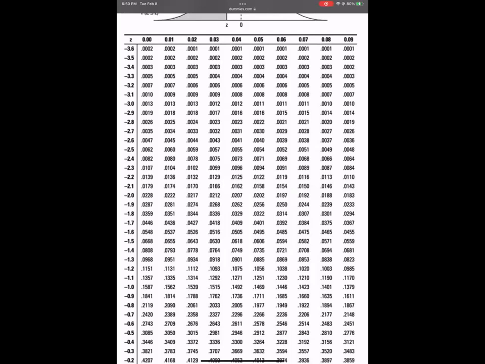Then if I want negative 1.63, I just see where those two meet, and it's at 0.0516. So there's a 5.16% chance, at least approximately, that a data point taken from a standard normal distribution would end up being less than or equal to negative 1.63.